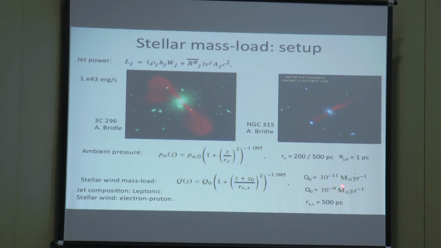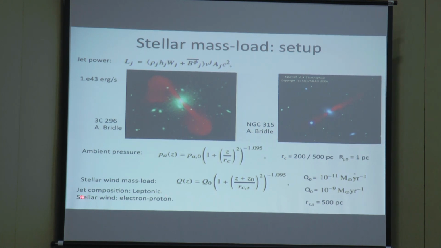And for that, we're using mass loads which are slightly larger than the ones I showed in the 2D dynamical simulations, but this is like 10 to the minus 9 solar masses per year, accounts for stellar distribution with a large number of red giants. 10 to the minus 11 is closer to low mass load in elliptical dead galaxies.